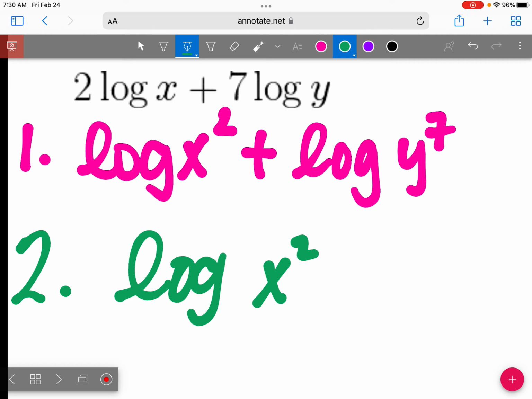When we finish, there should be only one log, okay? So log of x squared times what? Just y to the 7th. Okay, does that make sense? Yeah? Okay. And then do we have a third step in this case? Anyone? No? Okay. Perfect.